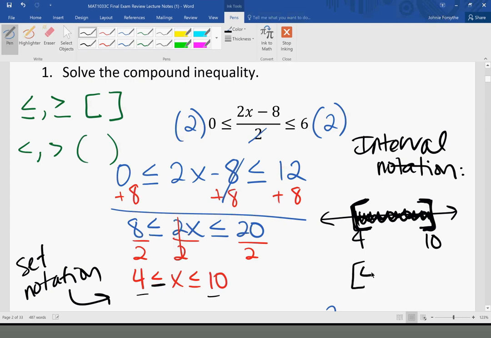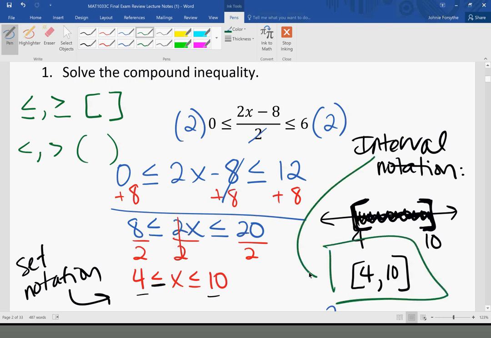So we're starting at 4, comma, all the way to 10 with a bracket. This is our answer in interval notation. Okay? Remember, if you have any questions, just ask them as we go along.